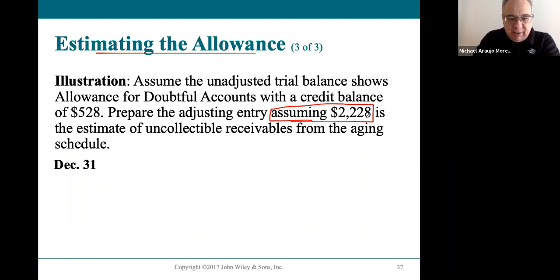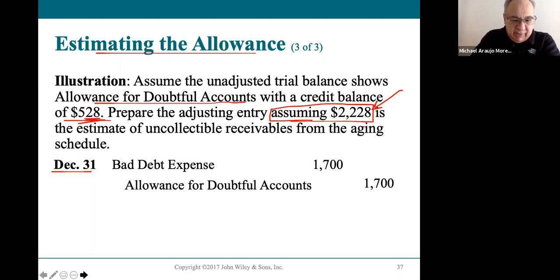That's what you want your balance to be. Okay. So if you're at the end of the period and you've estimated that that's what your balance should be, it shows on the allowance account you already have a balance of $528 in there on the credit side. It should be 2,228. So what can you write off that year?